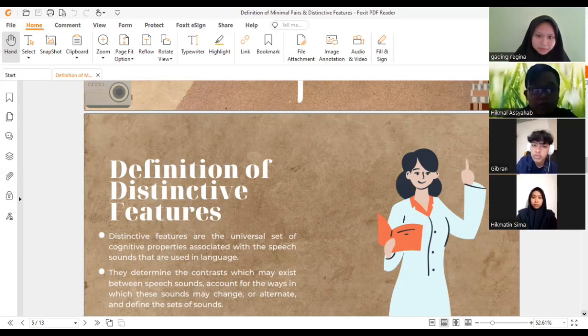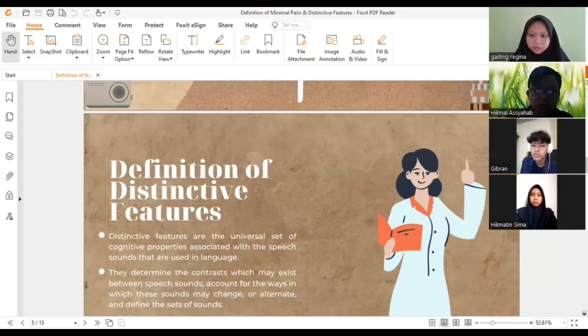They can be coronal, high, low, rounded, or back, anterior, posterior, grave or flat, sonorant, and obstruent.